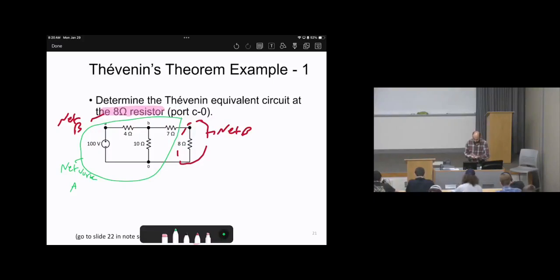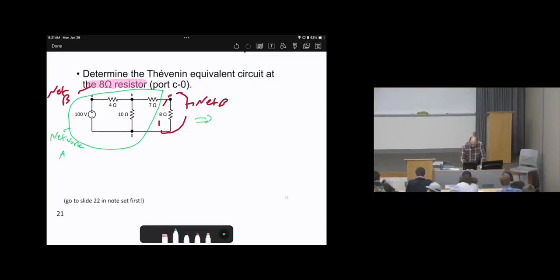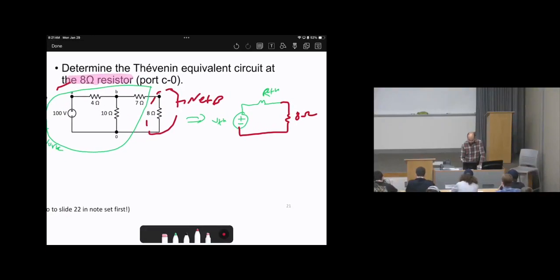Now, let's isolate them. According to our procedure, we need to convert network A to Thevenin's equivalent circuit, so it will be V Thevenin and R Thevenin, the equivalent of network A. Network B remains as is, the 8 ohms. So Thevenin's theorem simplifies the circuit from the left-hand side to the right-hand side.